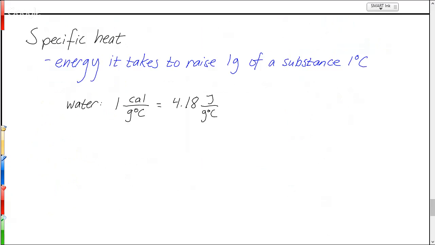It's a general term though, so specific heat can apply to a whole bunch of different compounds. For instance, aluminum is 0.214 calories per gram degree C. So what does that mean?